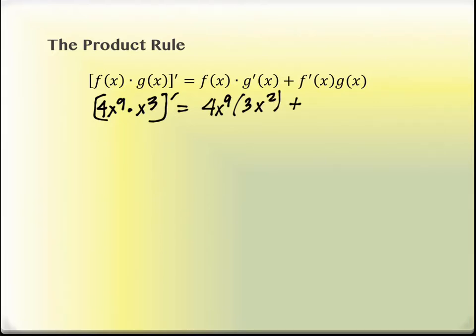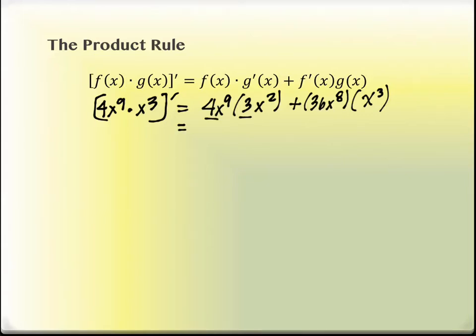Then I take the derivative of 4x to the 9th, which was 36x to the 8th, and I write the original of g of x, which was x cubed, like so. That's what this says to do: derivatives of each piece individually multiplied by the original of the other one. And then we're going to multiply and clean things up.